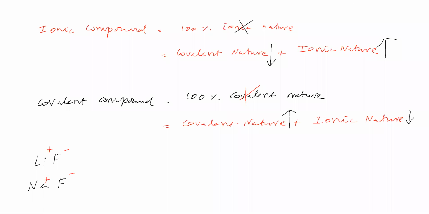Anion is same, cation only is different. So based on size of cations, you say the percentage of covalent nature. Na+ size is high when compared to Li+. So this compound, NaF, is having lesser covalent nature when compared to LiF.